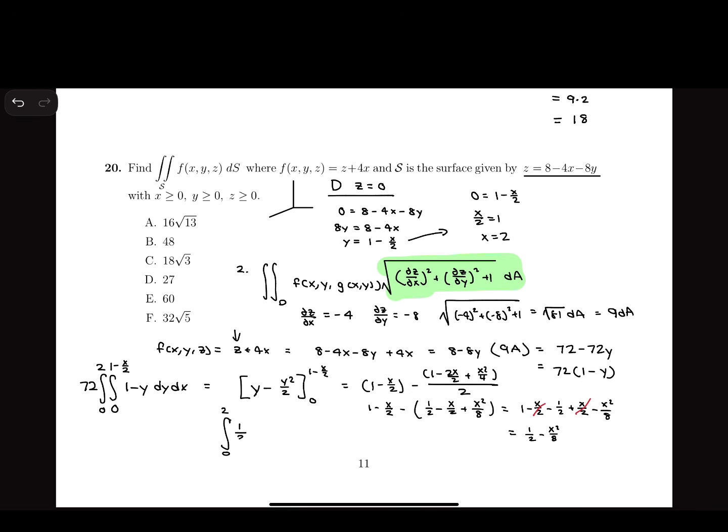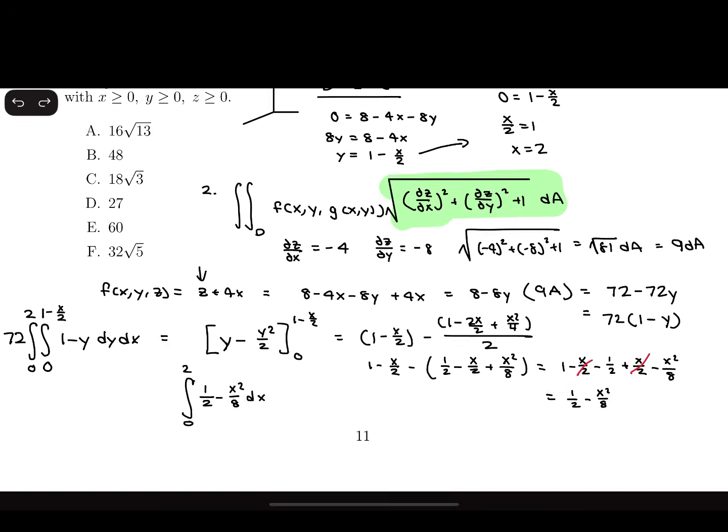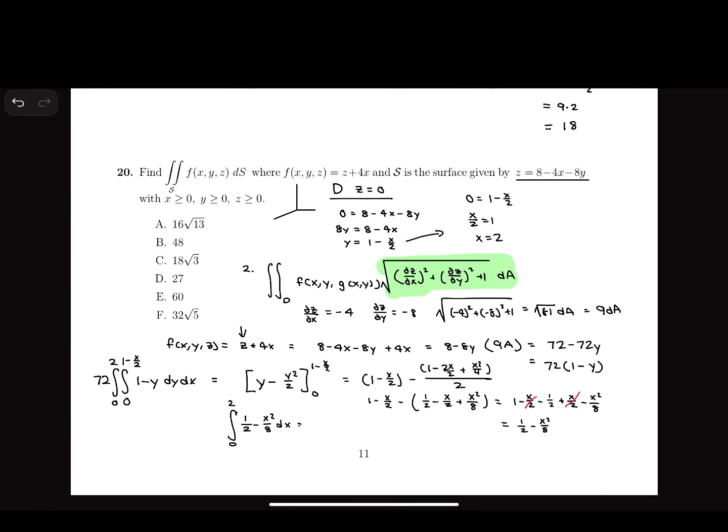So that's 1/2 minus x squared over 8 dx, which gets us 1/2 x minus x cubed over 24 from 0 to 2, which is 2 over 2, just 1, minus 8 over 24, or simply 1 minus 1/3, which is 2/3.